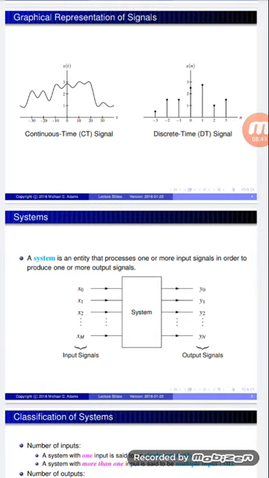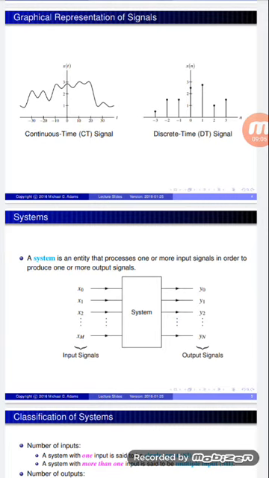A continuous analog signal will be split or divided into a discrete signal. So that is the major difference between continuous time signals and discrete time signals.